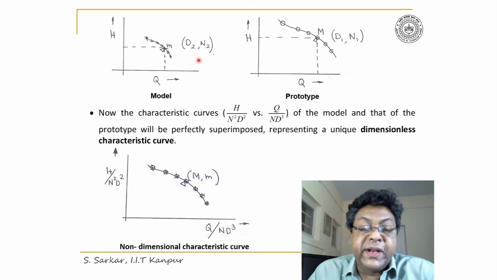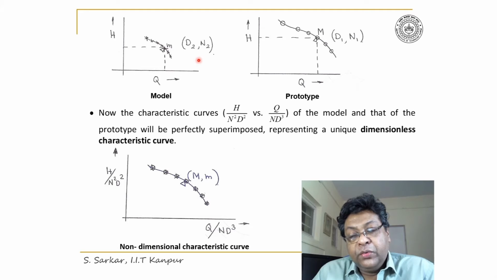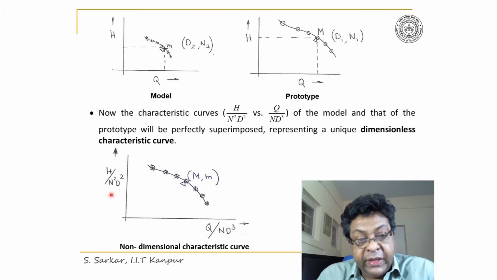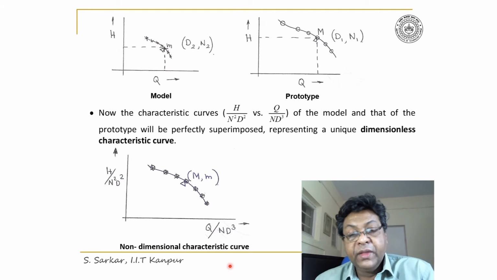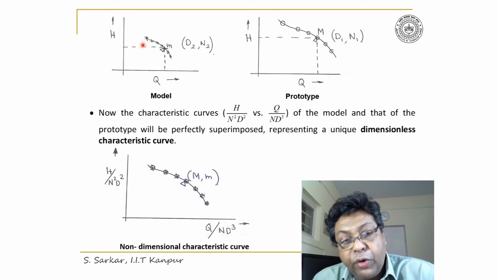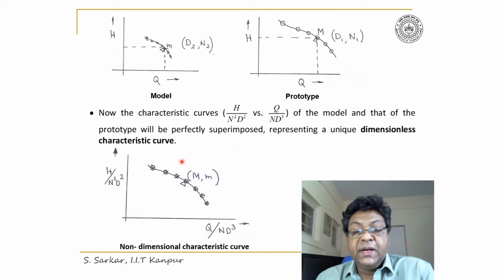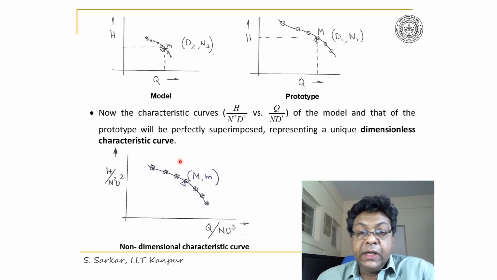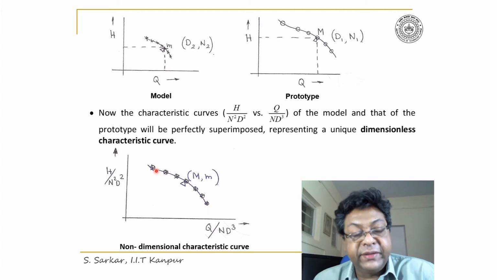Now, if we represent the characteristics where H and Q are scaled by N squared D squared, so H has been scaled by N squared D squared, whereas Q has been scaled by N D cubed. So what I have shown, then the data sets from the model and that from the prototype are exactly superimposed on each other, producing a unique characteristic.